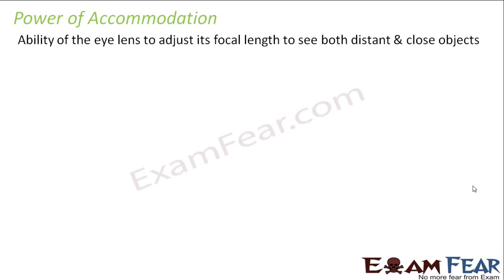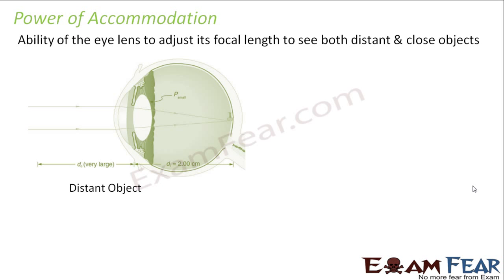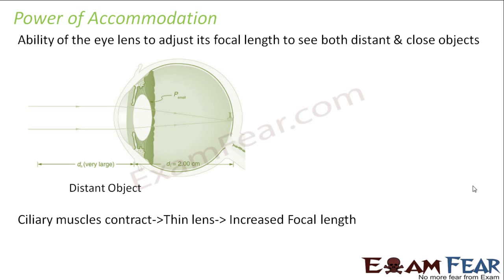It is limited by the extent up to which the ciliary muscles can expand or contract, right? So we will see that. Now, when the ciliary muscles contract, they form a thin lens, and a thin lens has a greater focal length.